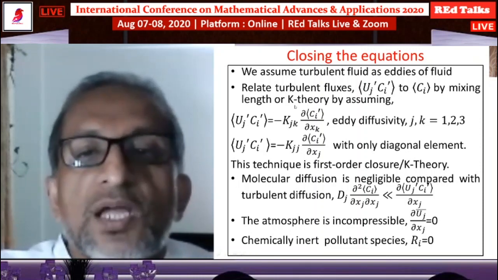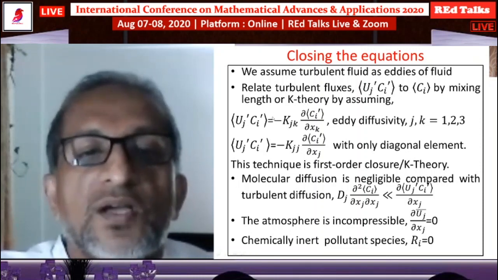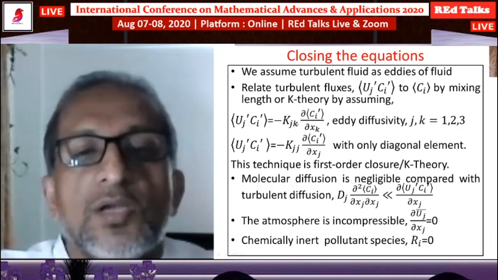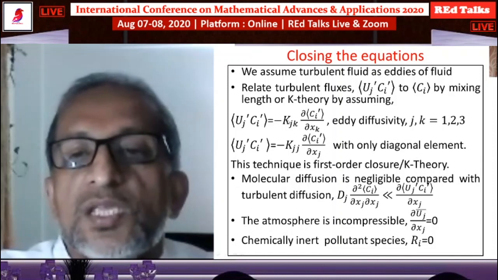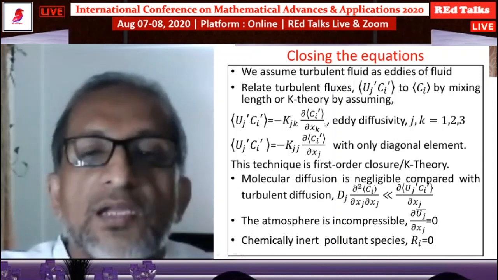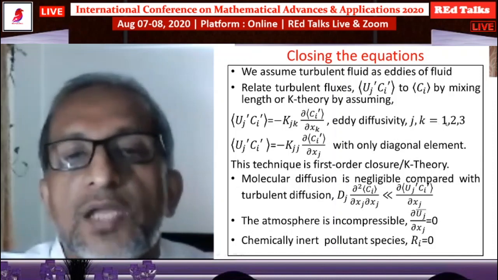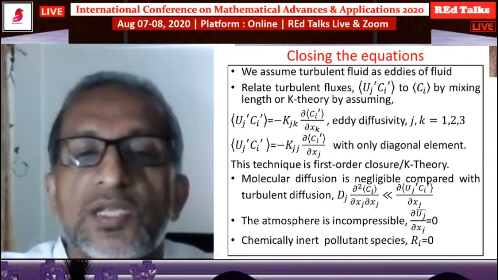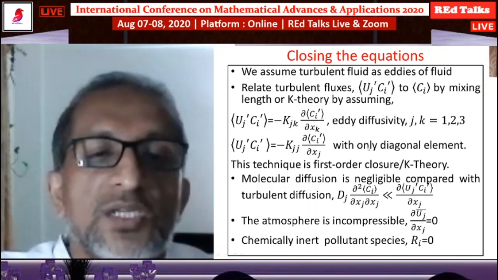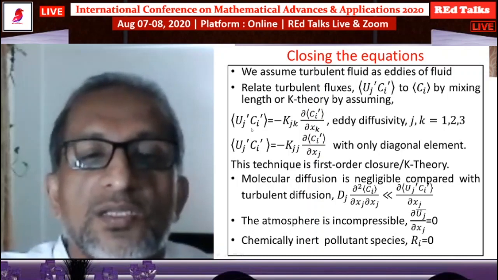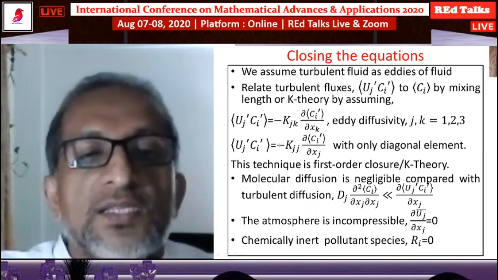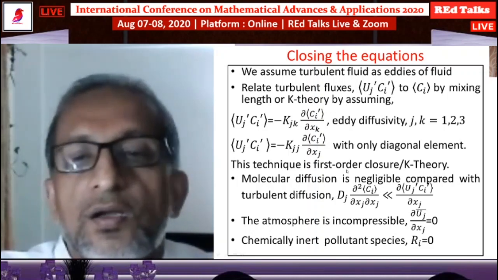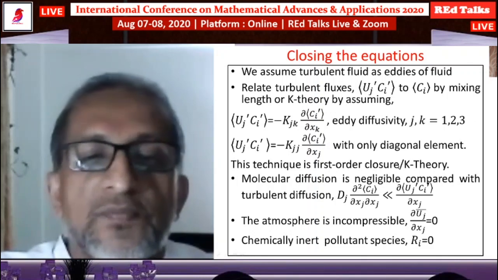Assuming the turbulent flux follows a Fick's law case, here j is 1, 2, 3, leaving the non-diagonal components, which are 0, and taking only the diagonal elements, the flux can be approximated like this. This technique is called first order closure, and also K theory.